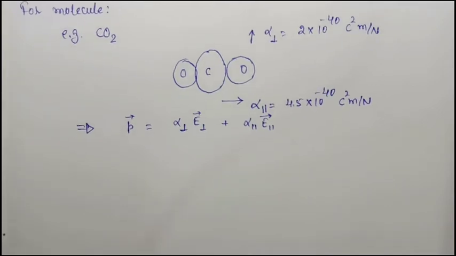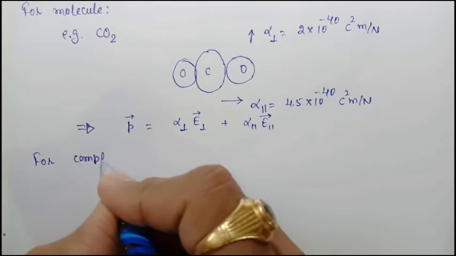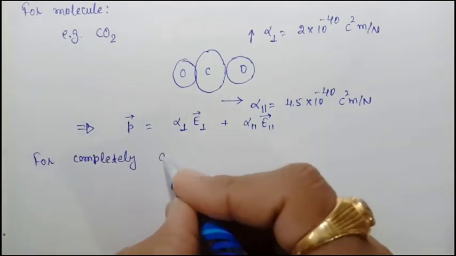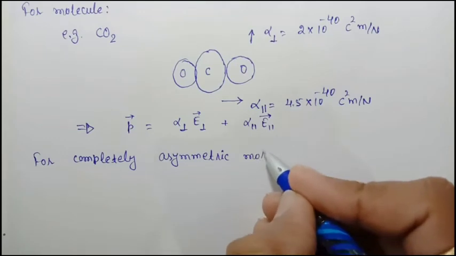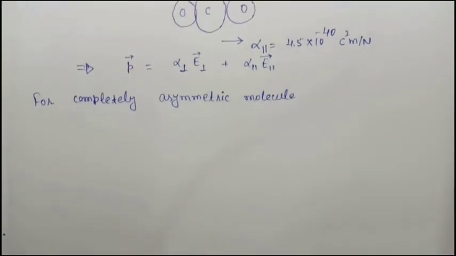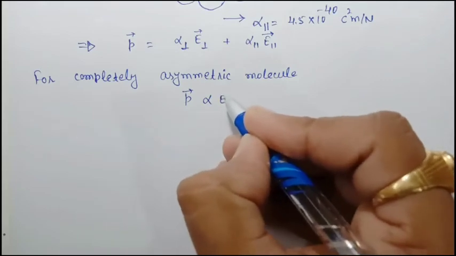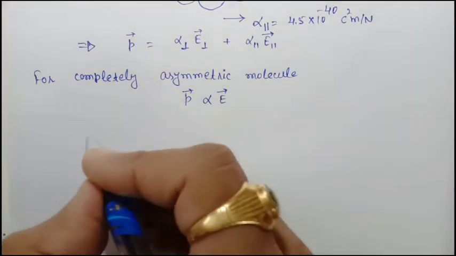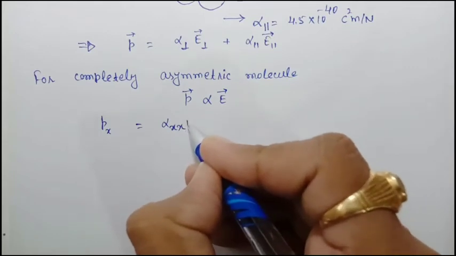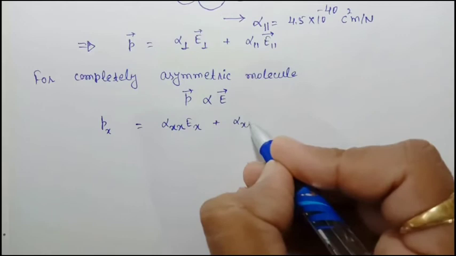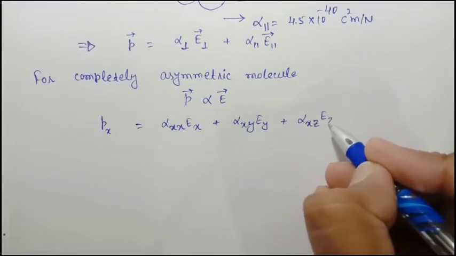Now in continuation of this, for a completely asymmetrical molecule, again P is directly proportional to E, and we can write Px equals alpha xx Ex plus alpha xy Ey plus alpha xz Ez.